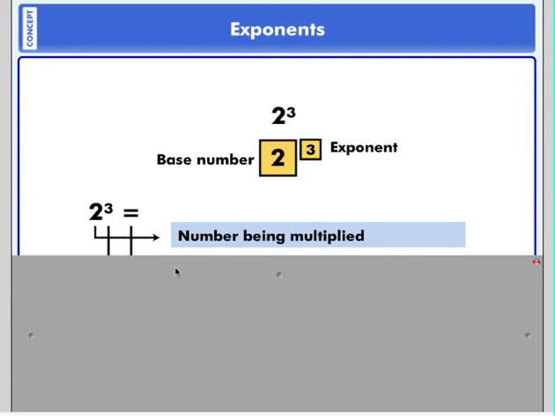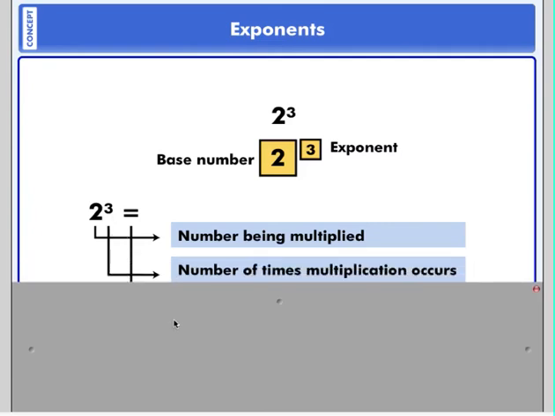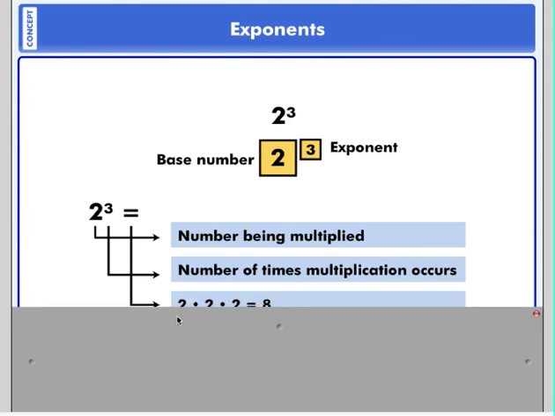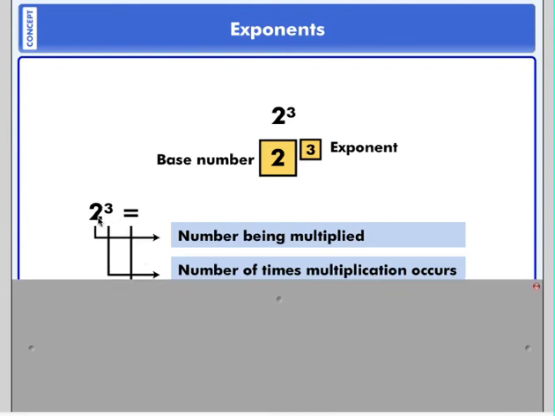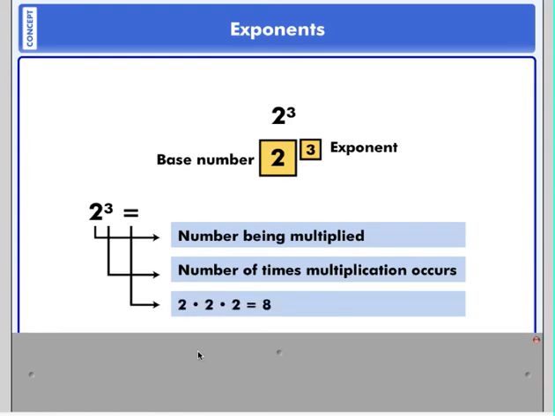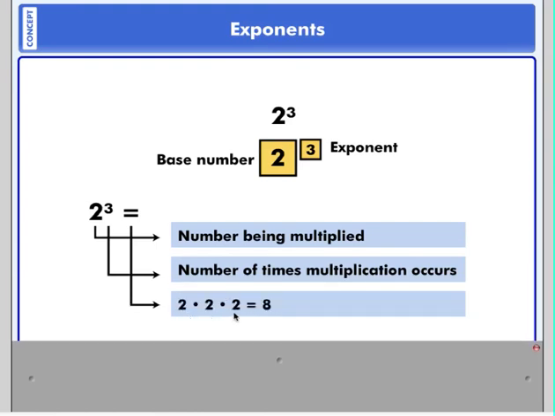Our exponent 3 tells us the number of times the multiplication occurs. So it means that we're going to take 2 and multiply it times itself 3 times. So what we get looks like 2 times 2 times 2, which is equal to 8.